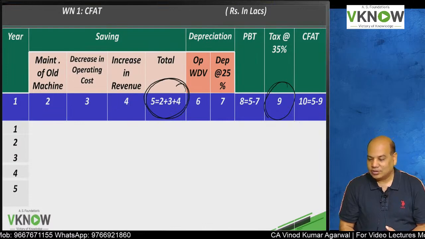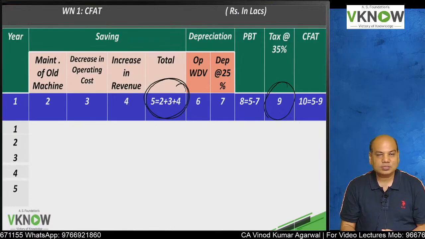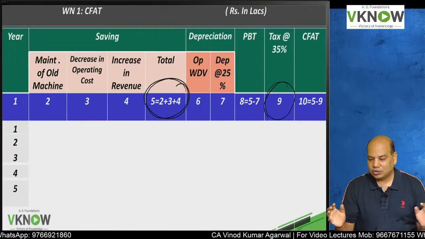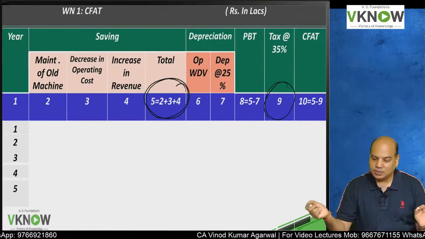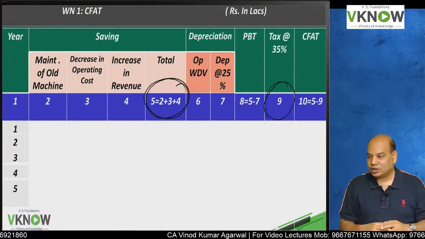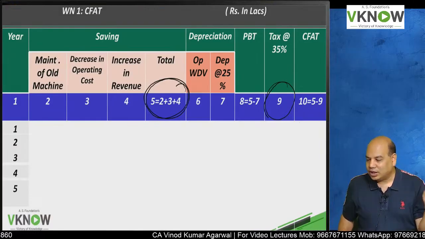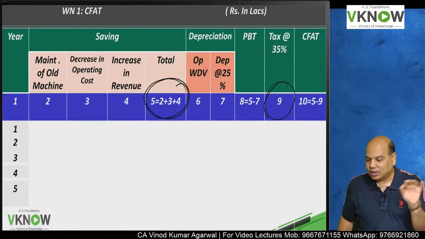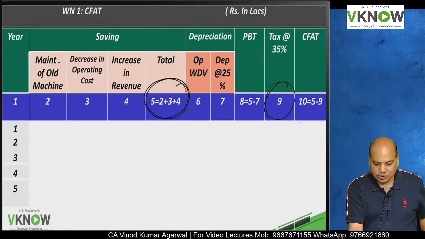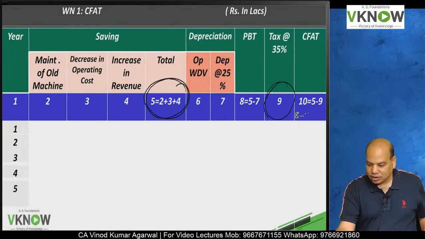Or you can write PBT minus tax plus depreciation. Then you have to write 8 minus 9 plus 7, so that will require more calculation. I don't have any objection if you write 8 minus 9 plus 7.